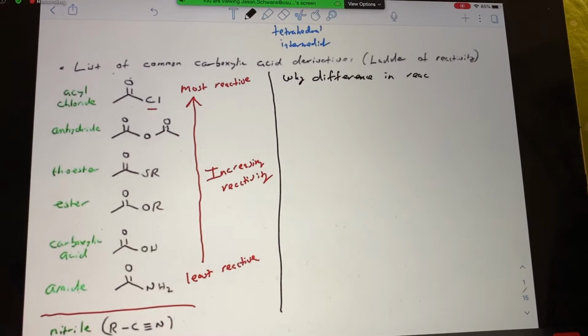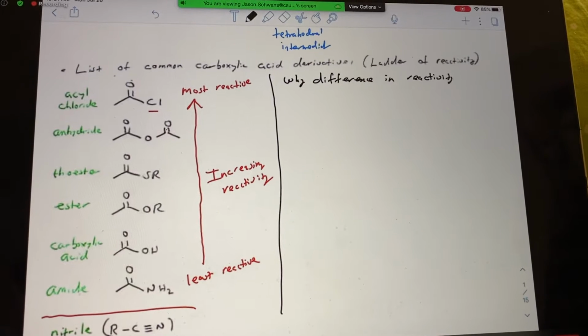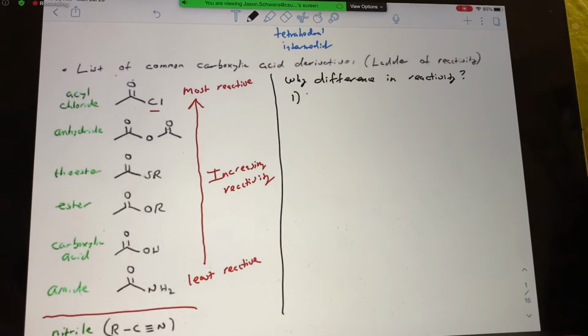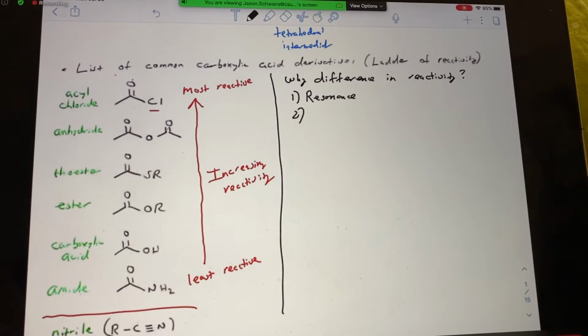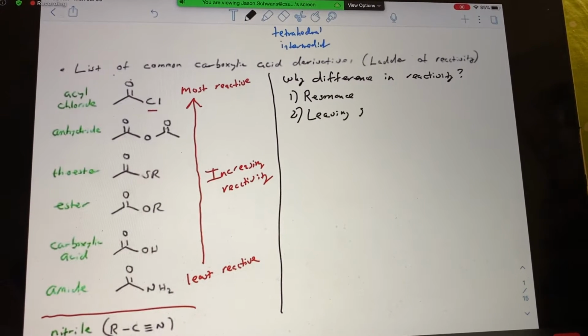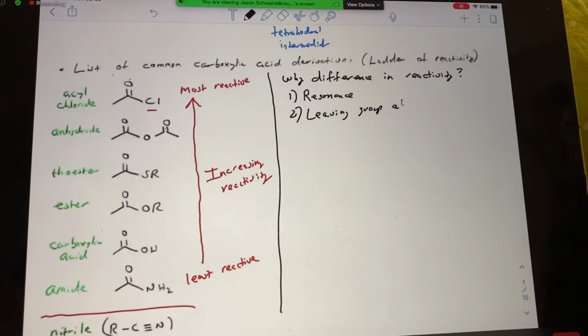You can think about two things: resonance and leaving group ability. There are others, but we'll consider these right now.